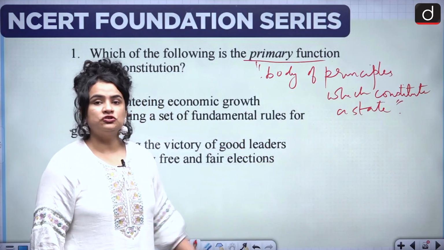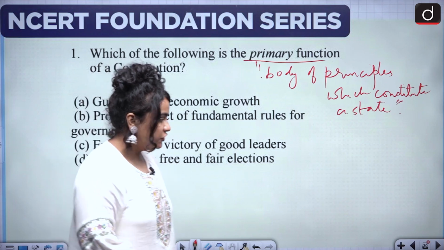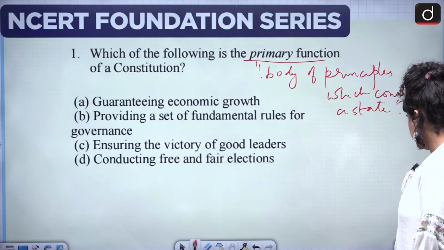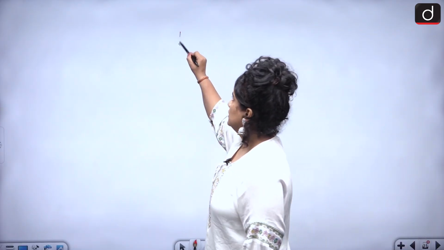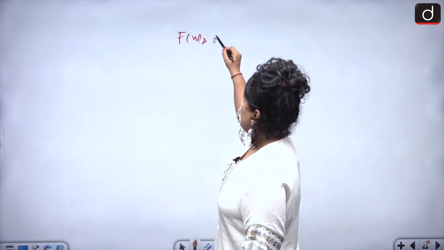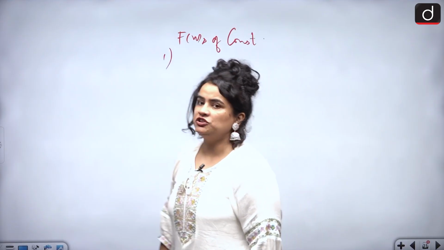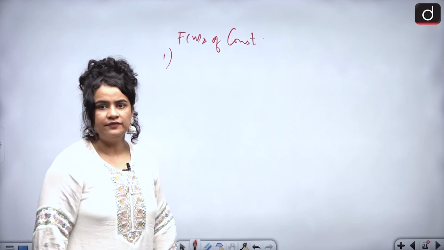So this is the most fundamental definition of a constitution. Now, a constitution also has certain functions, and your NCERT mentions 5 major ones. So let's take a look at them one by one. So we are talking over here about the functions of the constitution. The very first function can be derived from the most basic definition that we just studied.